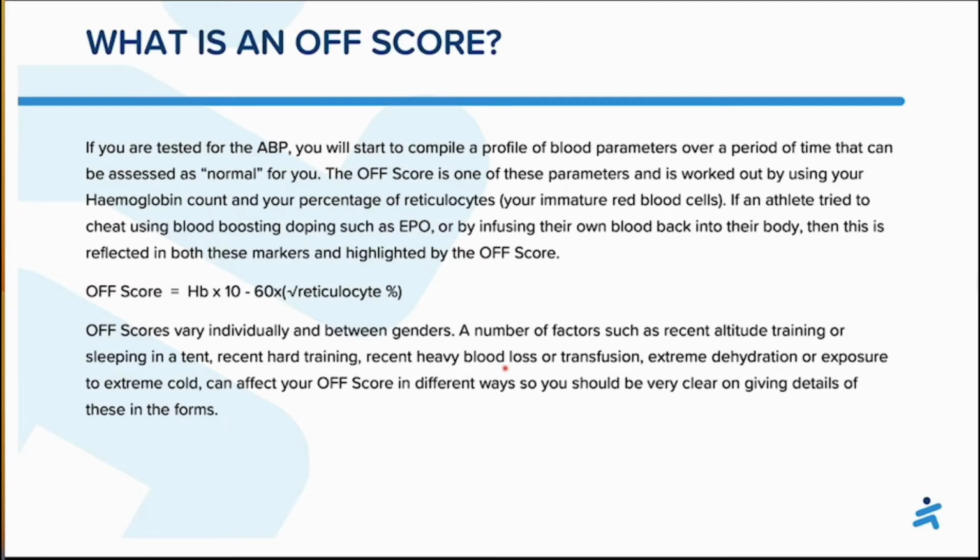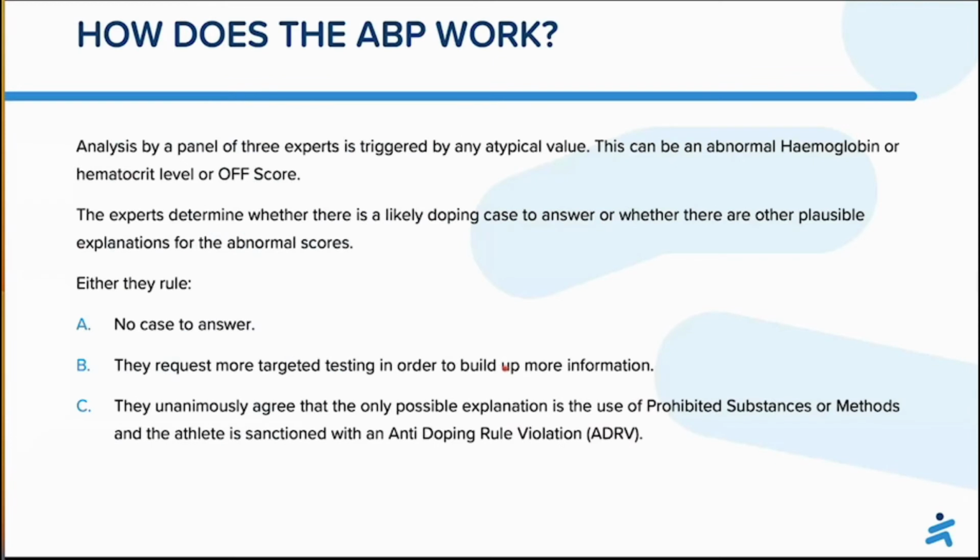And then they look at these results, they come back, and the judges in this case can rule that if there's a deviation, the athlete has no case to answer, or they request more targeted testing, which can include looking for specific agents, or they can unanimously agree that the only possible explanation for the deviation in your result is that you're using some prohibited substances or methods, and you can be sanctioned with an anti-doping rule violation.